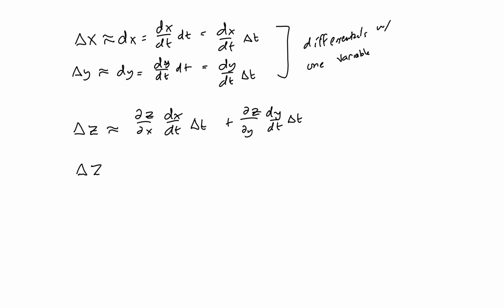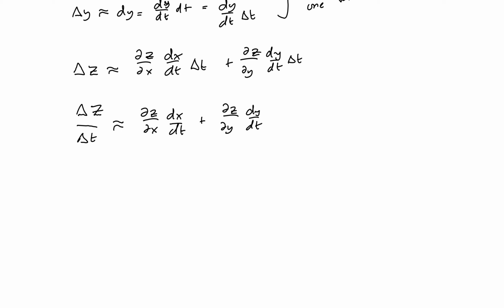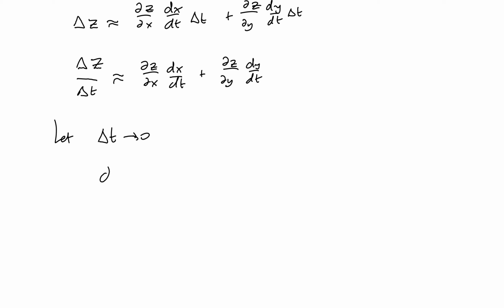So I have delta z over delta t is approximately ∂z/∂x dx/dt plus ∂z/∂y dy/dt.